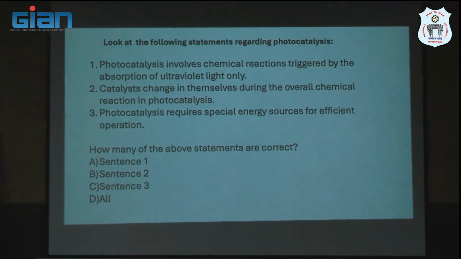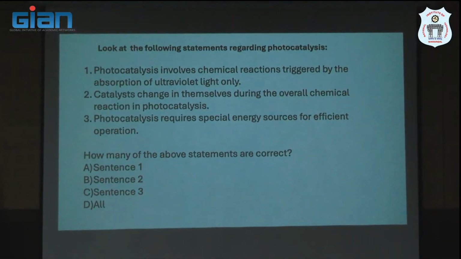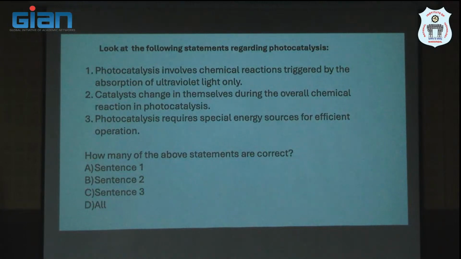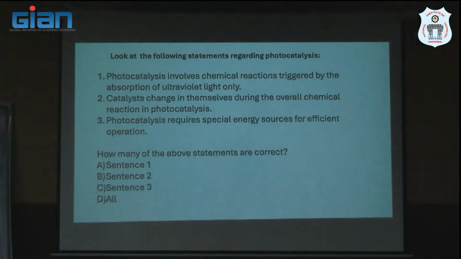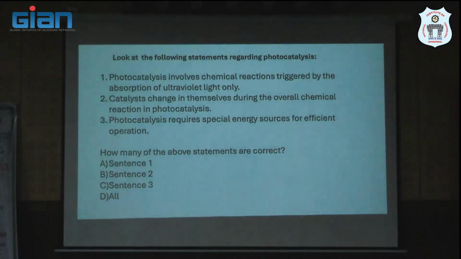The first sentence is: photocatalysis involves a chemical reaction triggered by the absorption of ultraviolet light only. Second: catalysts change themselves during the overall chemical reaction in photocatalysis.